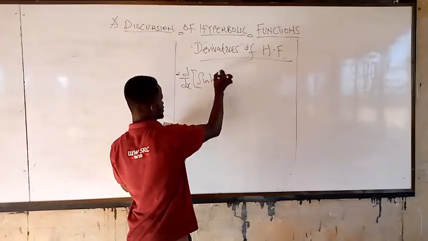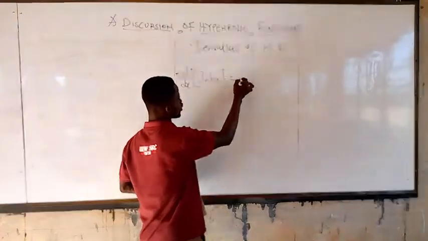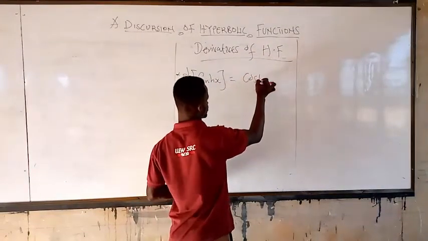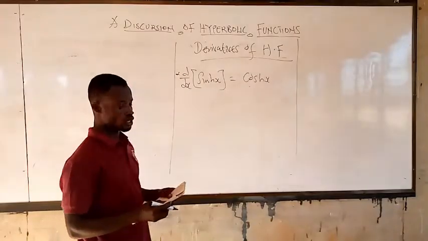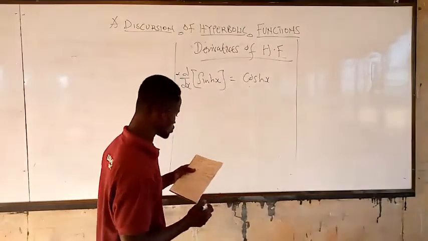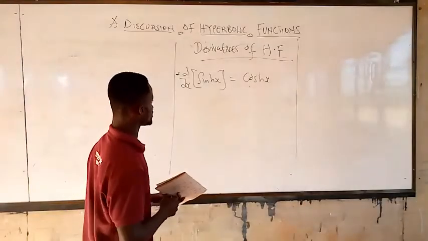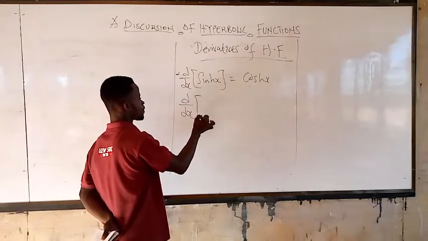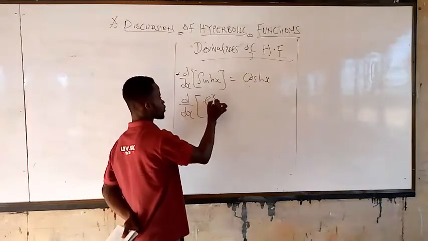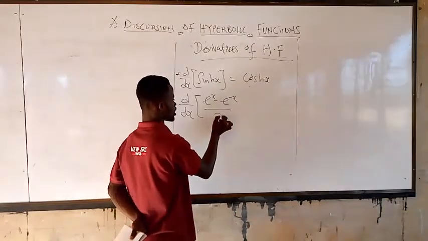So under the derivative of hyperbolic functions, let's say we have the derivative of sinh s. That would be equal to cosh s. Why are we saying that this would be equal to cosh s? Let's see the proof. We know that sinh s is equal to e raised to power s minus e raised to power negative s, over 2.